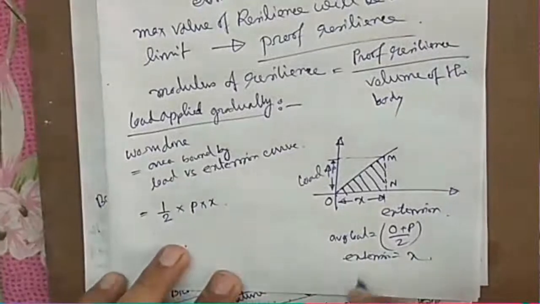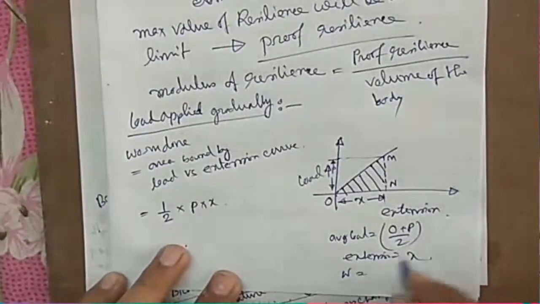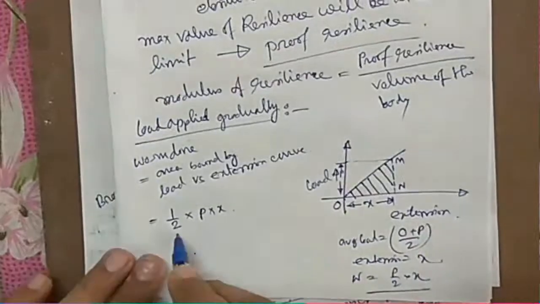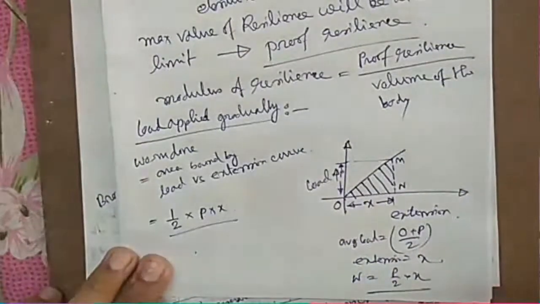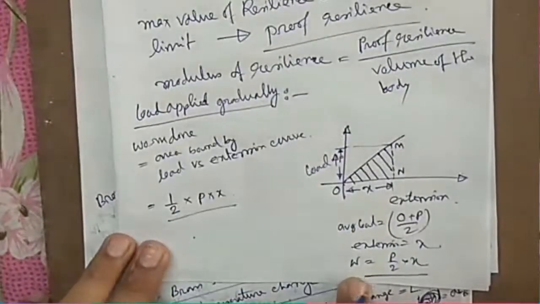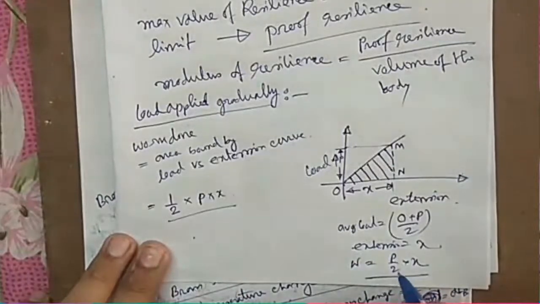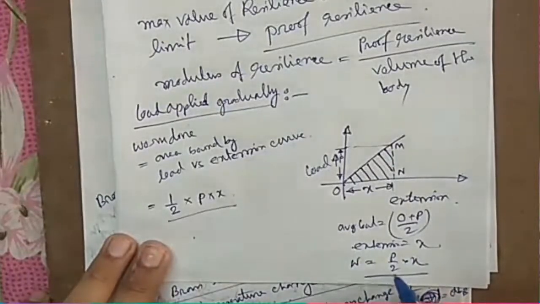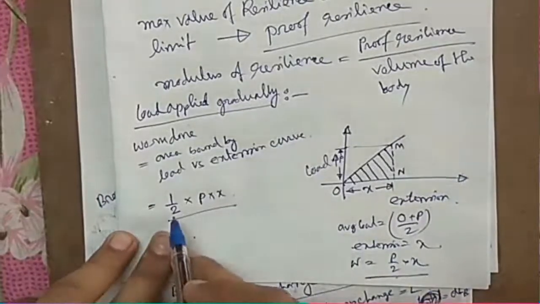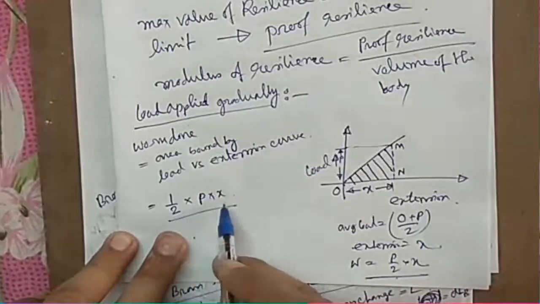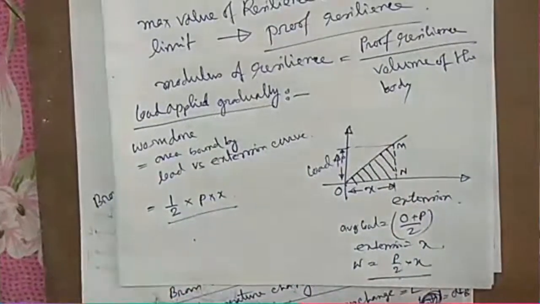So the work done is P by 2 into x, which is similar to this area. It is known that work done is equal to load into extension. In this way we can prove that work done is P by 2 into x in case of gradual load, or we can get it from the curve, the area being half into P into x while the load is below elastic limit.